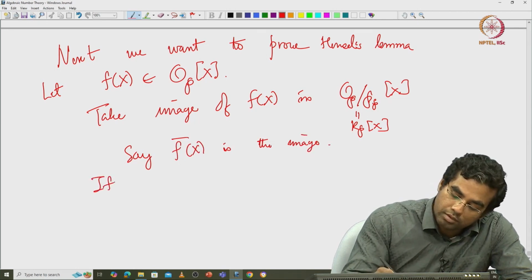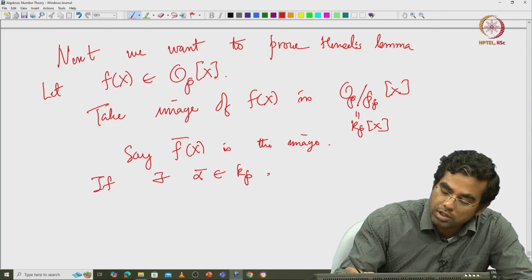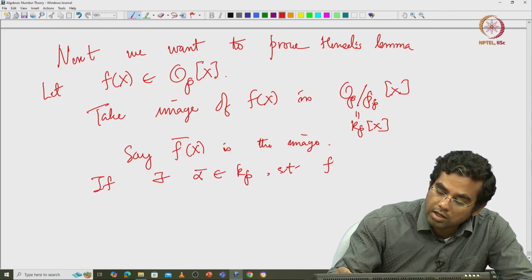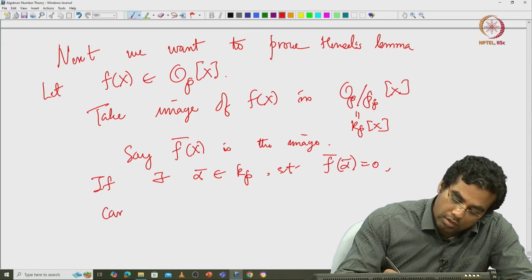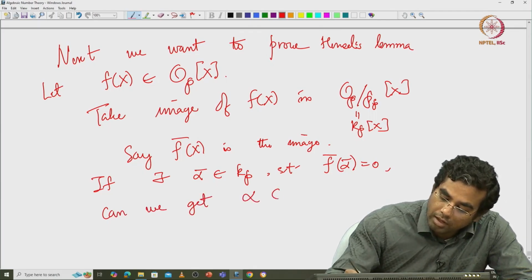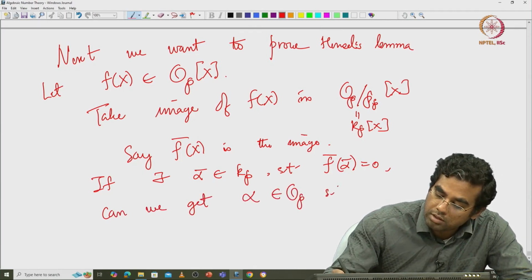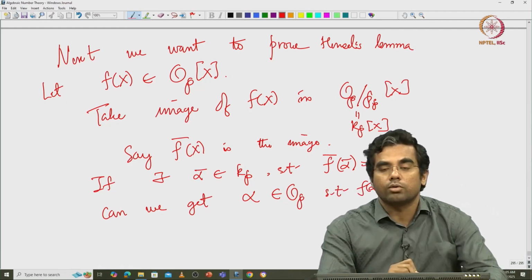Now, if there exists alpha bar in k_p such that f bar of alpha bar equals 0, can we get alpha in O_p such that f of alpha is equal to 0? That is the question.